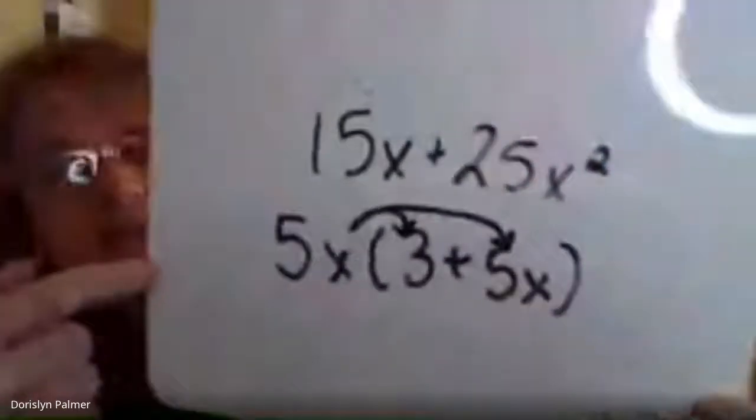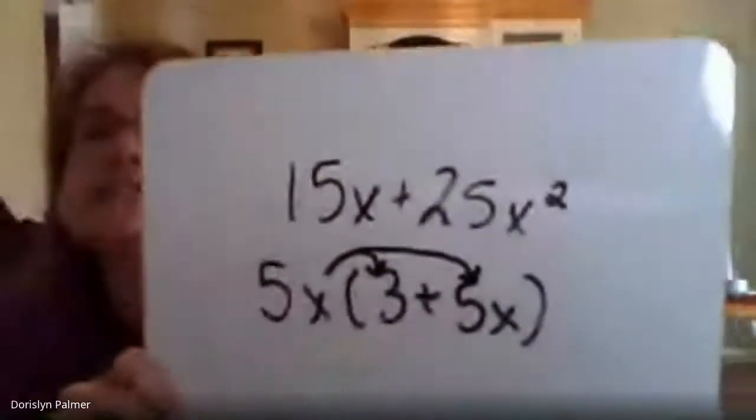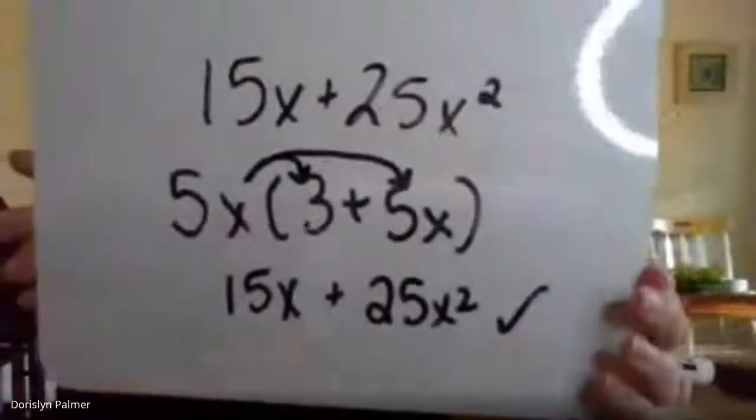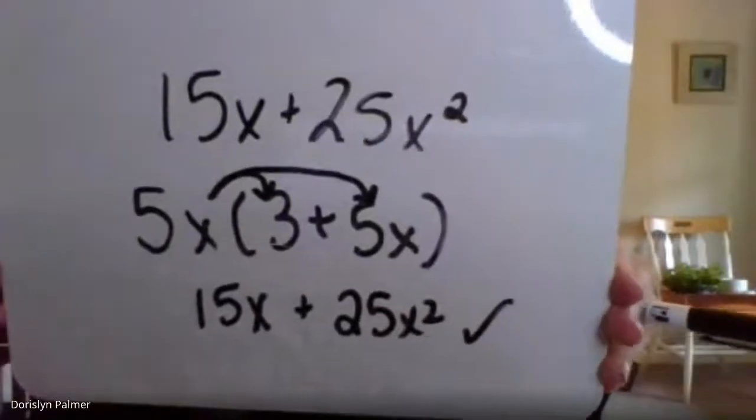I'm going to take 5x and multiply it by 3 and by 5x and see if I get what we started with. 5x times 3 is 15x. 5x times 5x is 25x squared. This is another example of how we can check our work in math and know we're right. I love that.